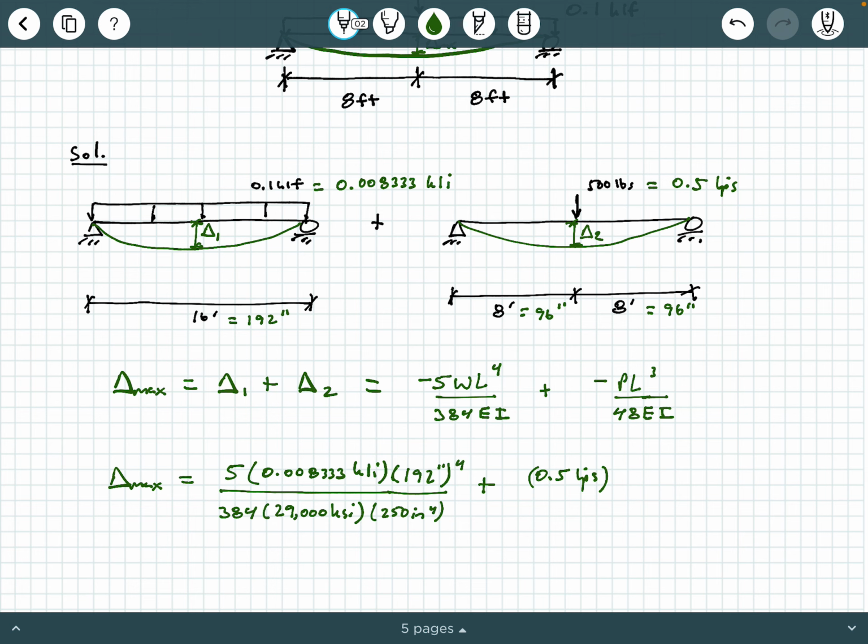And so back on the second term now: 0.5 kips times 192 inches to the third power, divided by 48 times 29,000 KSI. And then again, you've got that 250 inches to the fourth in the denominator. Make sure we didn't forget anything else, because we could have had a catastrophic calculation here. It would have been completely wrong.